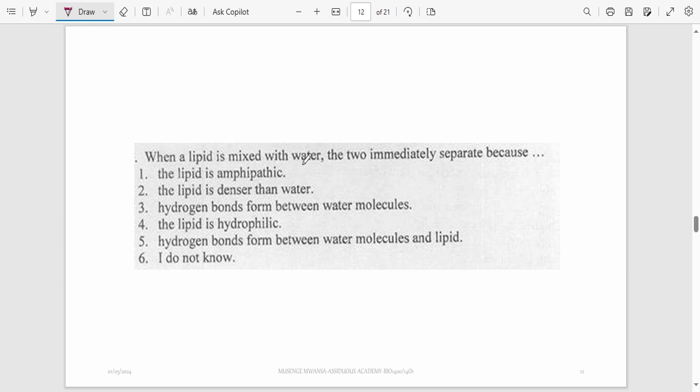When lipid is mixed with water, why do the two immediately separate? Which one would you choose? For the first one, okay. Okay. Anyone else?